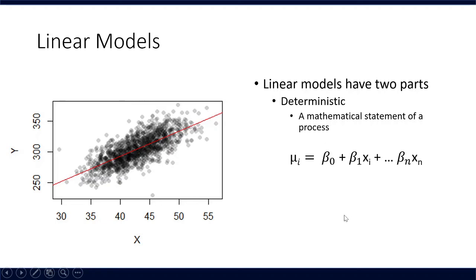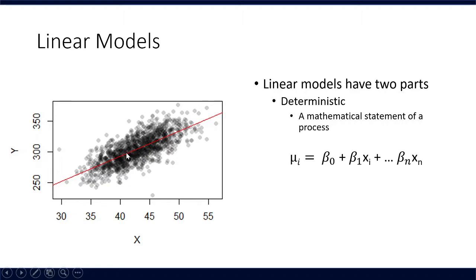As a quick illustration, we're going to get into this later, but if we're trying to predict the mu value, this red line, for an x value of 43 right here, we take beta naught, the intercept, and we add it to beta 1 times 43. And that will give us a mu value that is around 300, that red line right there.